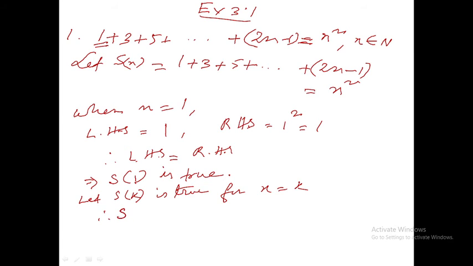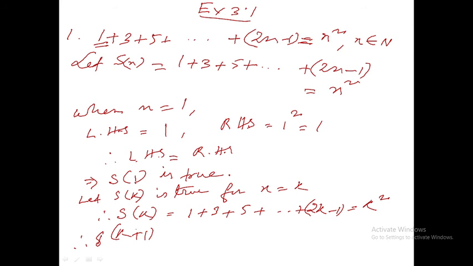Therefore Sk equals 1 plus 3 plus 5 plus dot dot dot 2 into k minus 1, okay, equals what you'll get? k square. Okay, that is true. Now we shall see. Therefore, S of k plus 1: in place of k I am putting now k plus 1. What do we get?